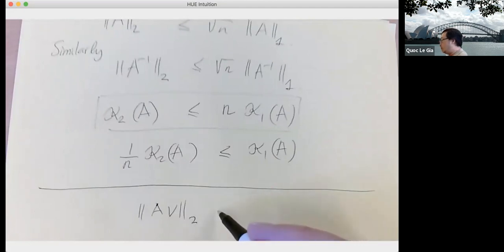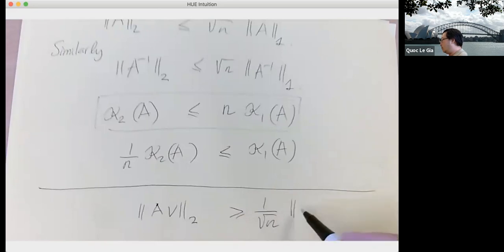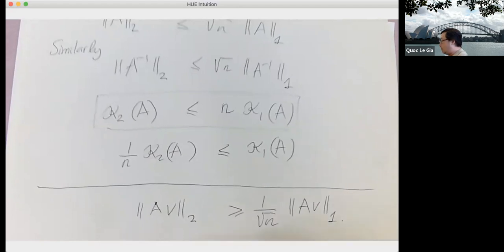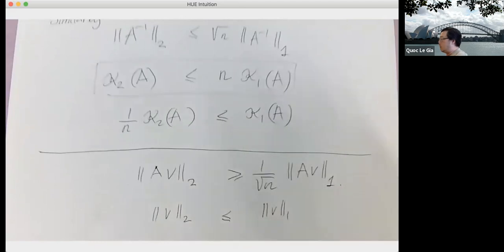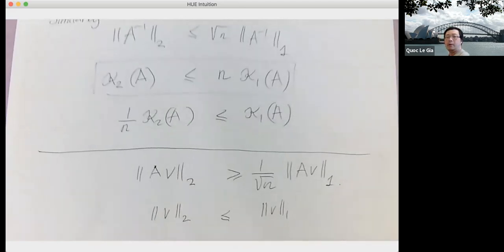I say that the 2 norm is greater than or equal to 1 over square root n times the 1 norm of AV, and V in the 2 norm is less than or equal to the one norm of V. I just use the other direction of the inequality.